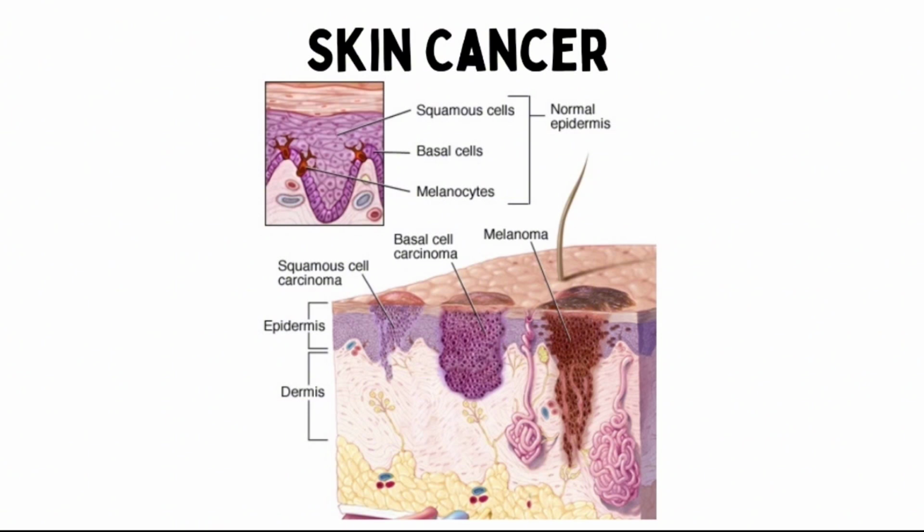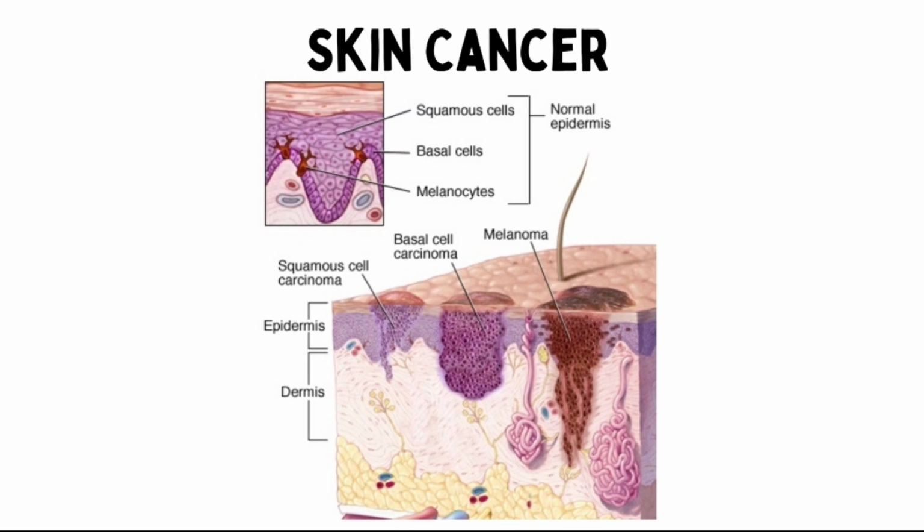There are three types of skin cancer. The first is basal cell carcinoma, which represents 78% of the cases and rarely metastasizes. Squamous cell carcinoma represents 20%.